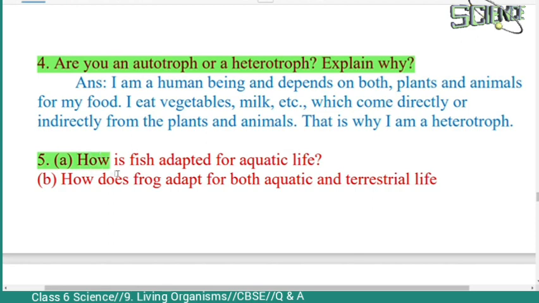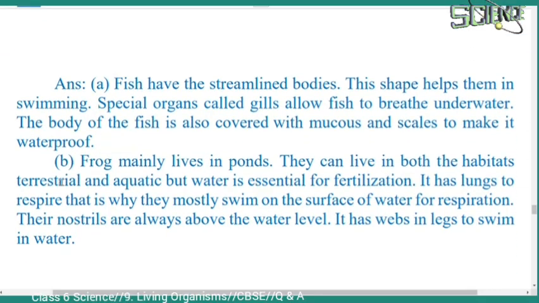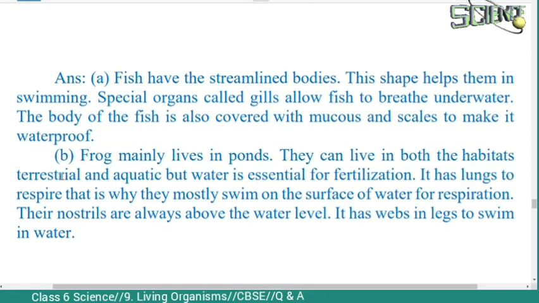Fifth question, how is fish adapted for aquatic life? B, how does frog adapt for both aquatic and terrestrial life? Answer, A, fish have streamlined bodies.